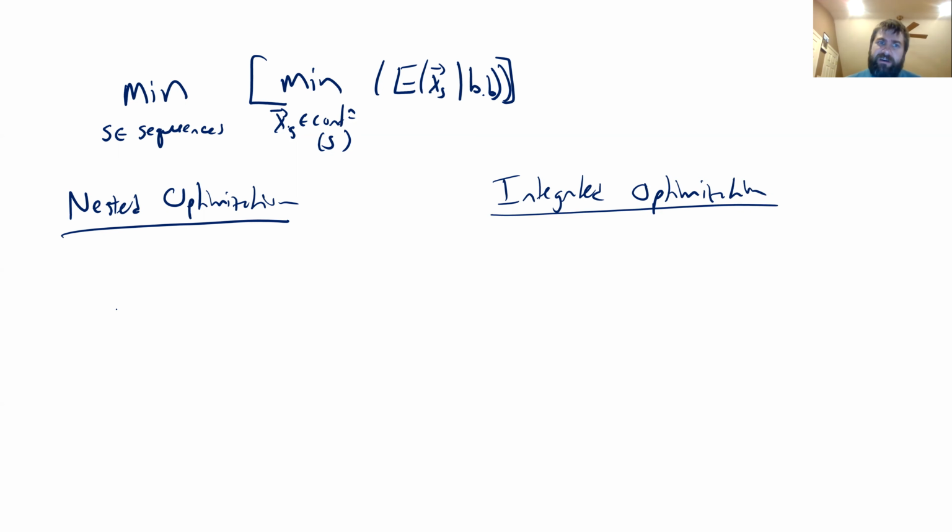In the nested optimization approach, we separate out conceptually the optimization over sequences and the optimization over conformation. And we can think about having some outer search over sequences.